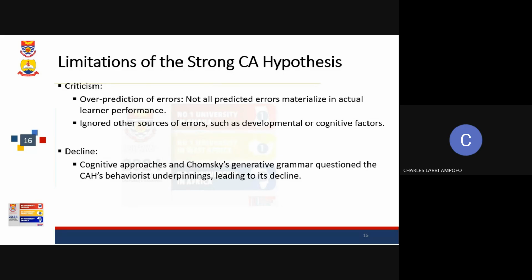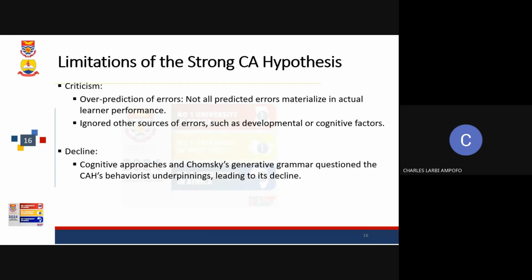So they accuse contrastive analysis of over-prediction of errors. We learned that the weak form of contrastive analysis is that most errors are a result of L1 transfer, but not all errors can be attributed to L1 transfer.